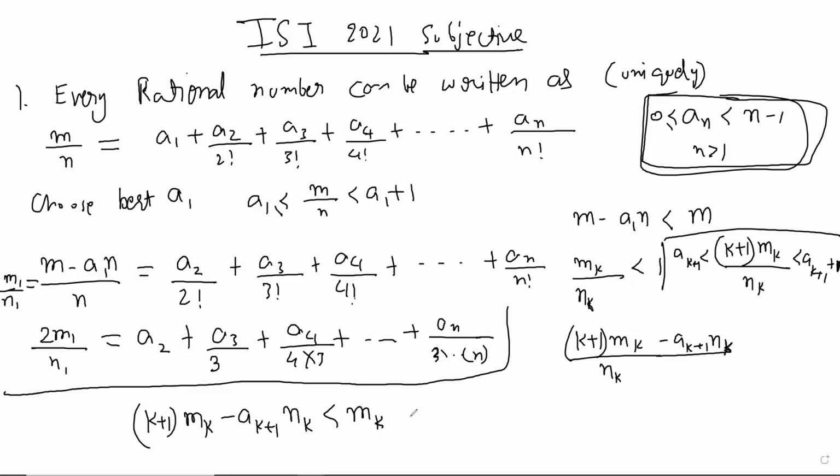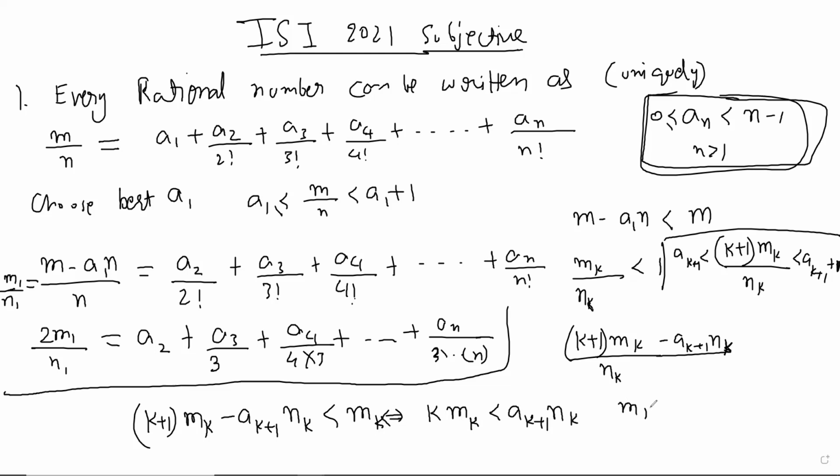Right? And this is just translating the definition. So you do mk, you get ak. This is less than ak plus 1 times nk. I'm just translating this, it's the same thing.